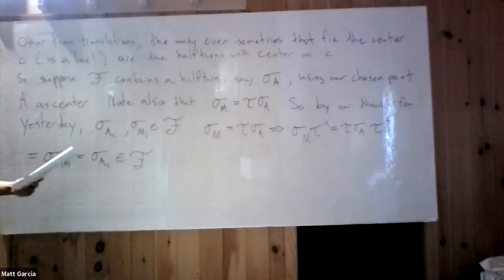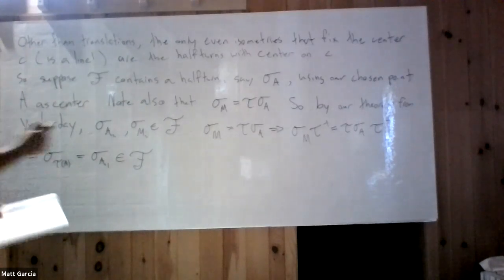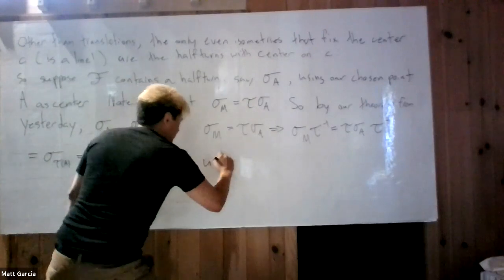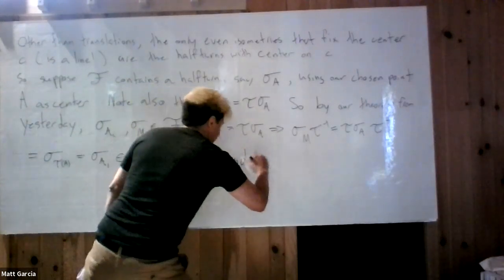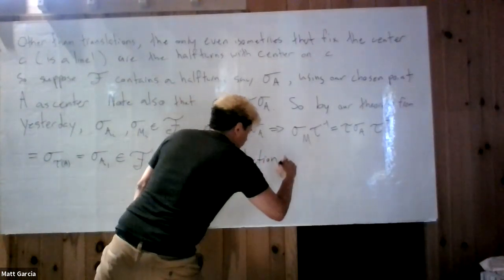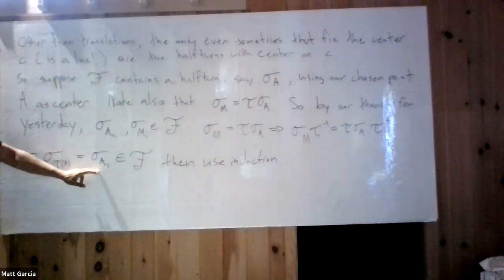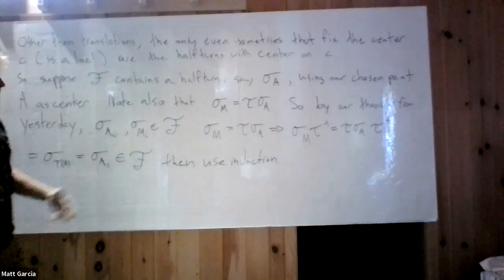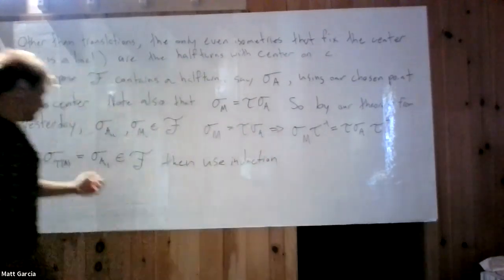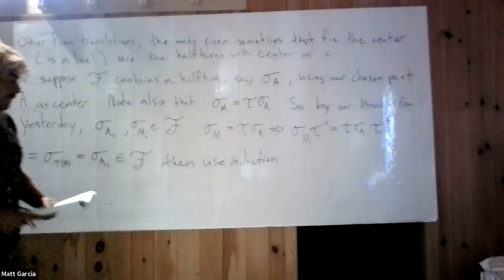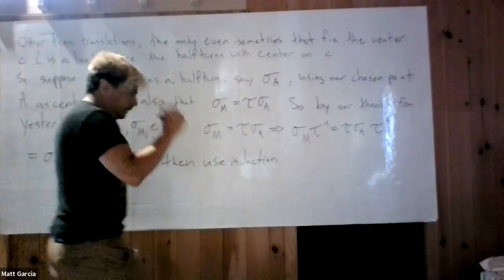So then we use induction. That is to say, I can repeat the same argument by conjugating sigma A1 by tau. Okay, so here's our homework exercise.